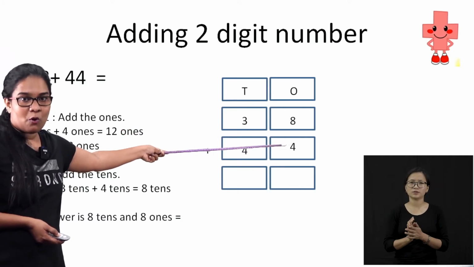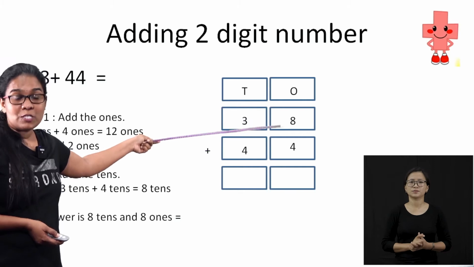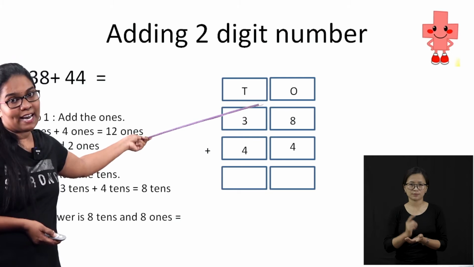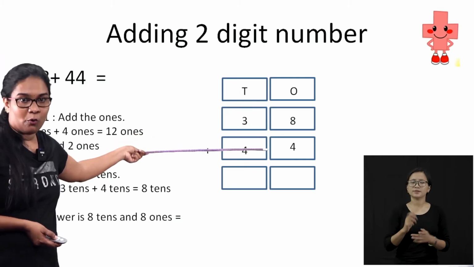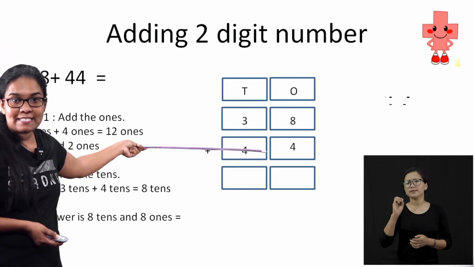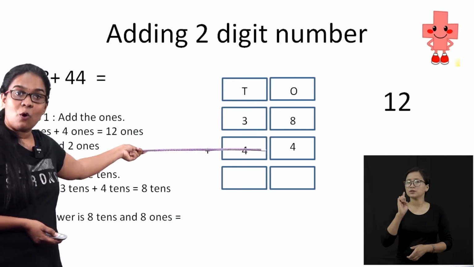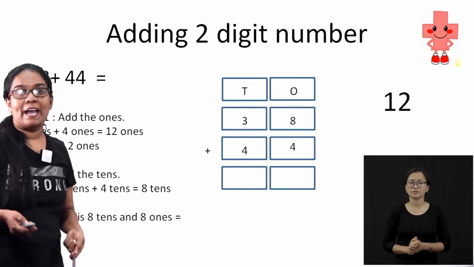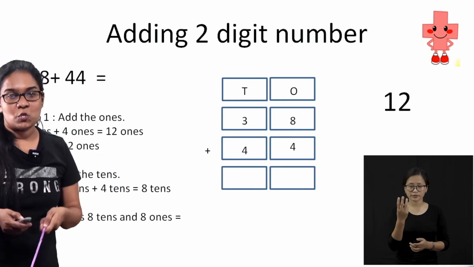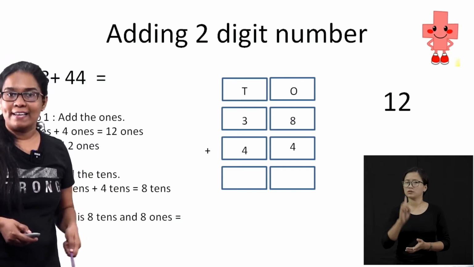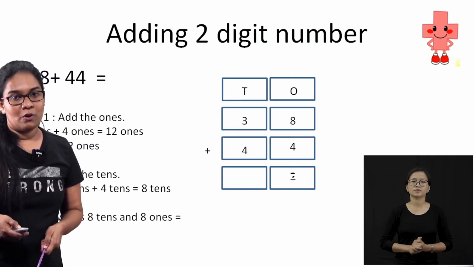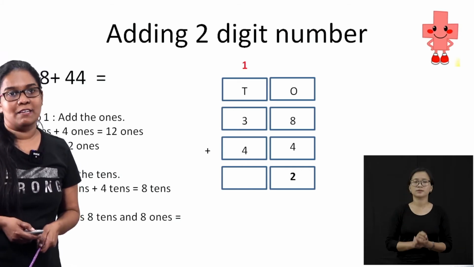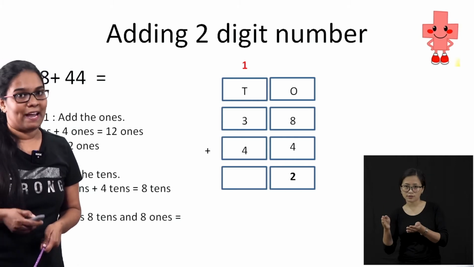First we add the numbers in the ones place: 8 plus 4 is 12. 12 is also a two-digit number, so we can't write 12 in the ones place. We write the 2 in the ones place and the 1 as a remainder in the tens place.